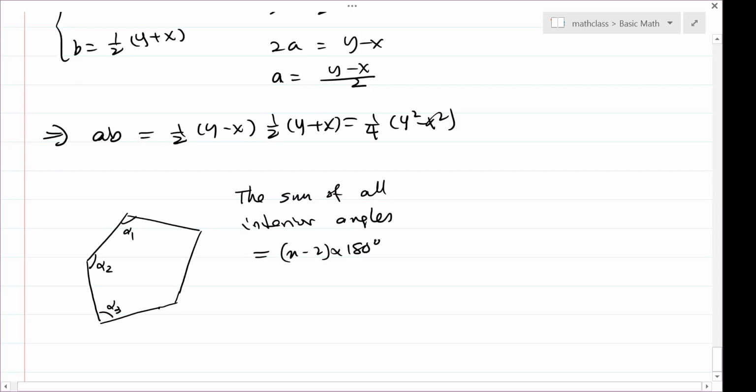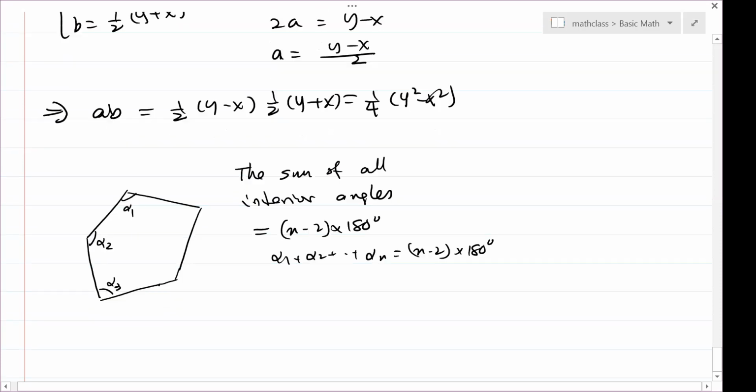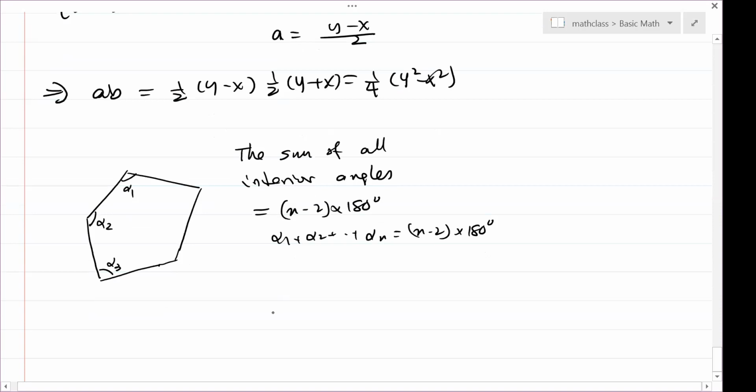Okay, so that means alpha 1 plus alpha 2 all the way to alpha n is going to be n minus 2 times 180 degrees. Now there's another formula. If you rotate in this way, this is called the exterior angle, beta 1, beta 2, beta 3.